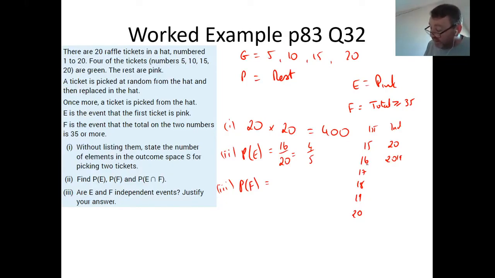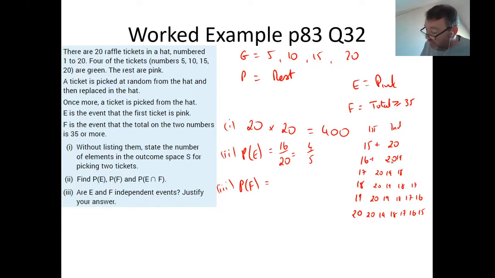Now they all go back in. But to keep it 35 or more, with 18 it would be 20, 19 or 18. See that? Then with 17 it's 20, 19, 18 or 17. With 19 it's 20, 19, 18, 17 or 16. And with 20 it's 20, 19, 18, 17, 16 or 15. Now I'm labouring the point because I want to show you what the sample space looks like.